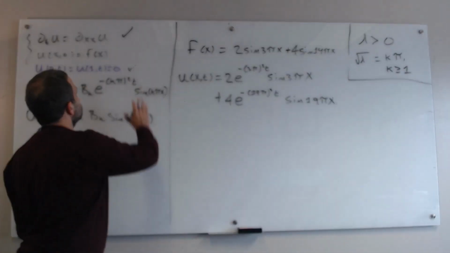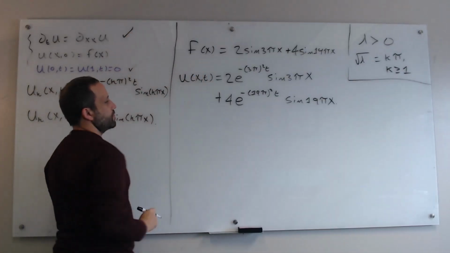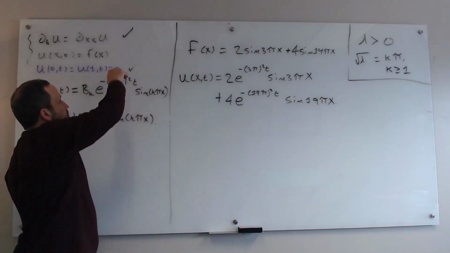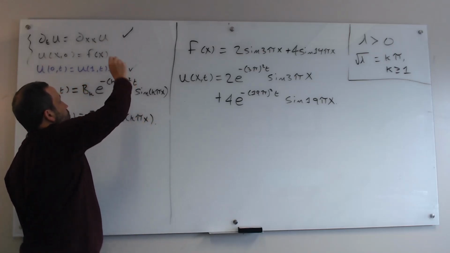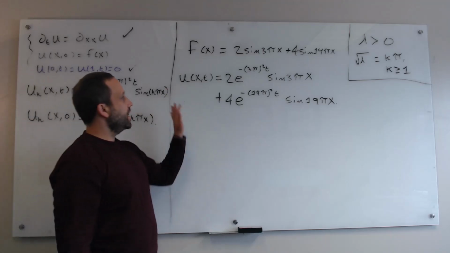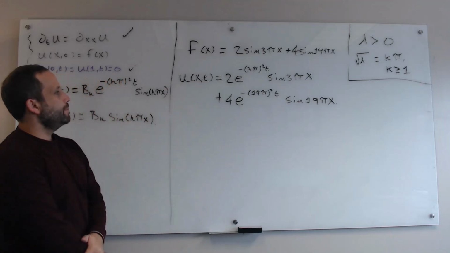Is this a solution to this problem if that's what f of x is equal to? When I say a solution to this problem, I mean the PDE, the boundary conditions, and the initial condition. Is this a solution? The answer is yes.